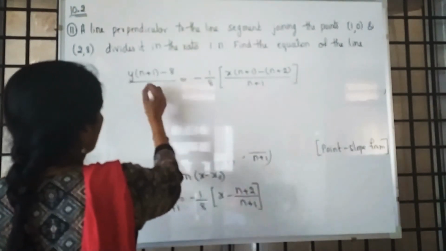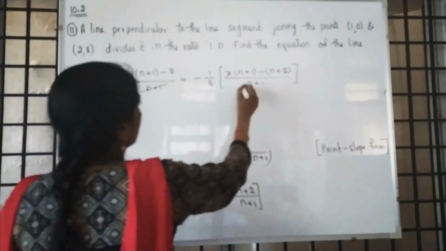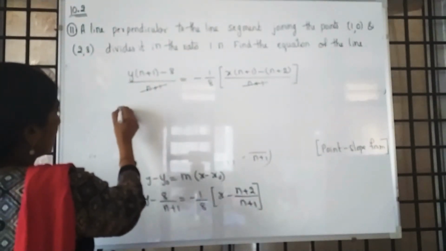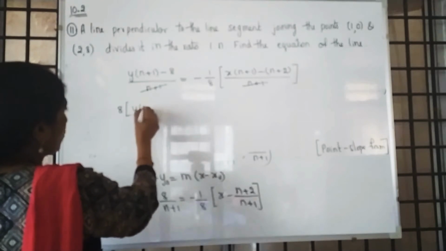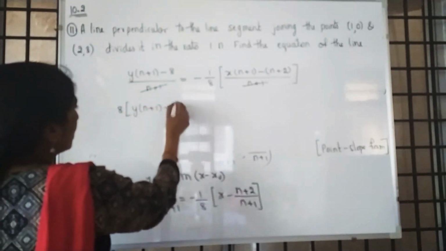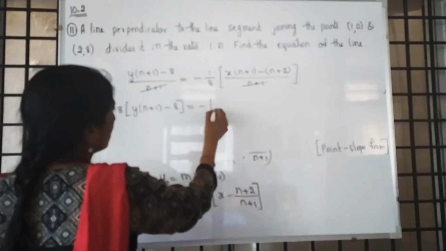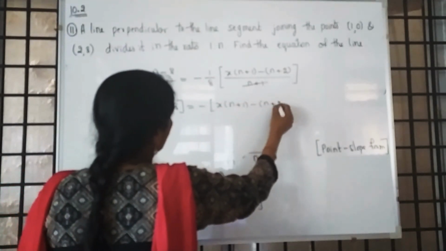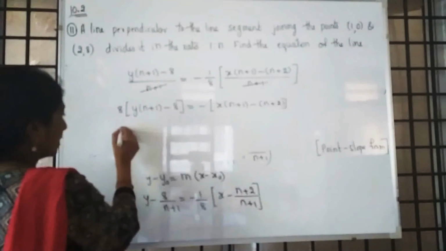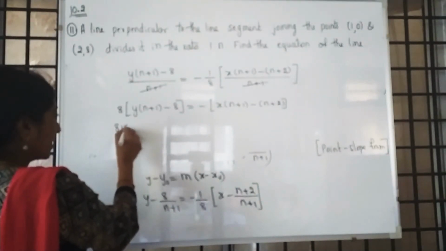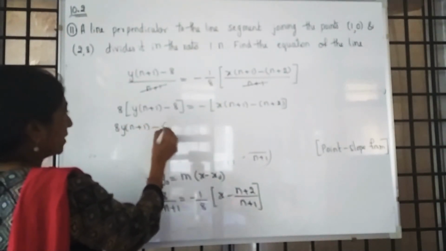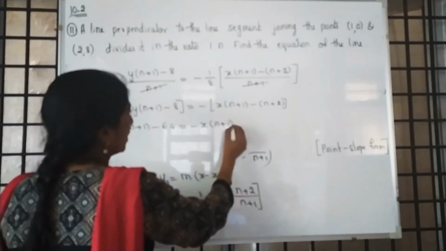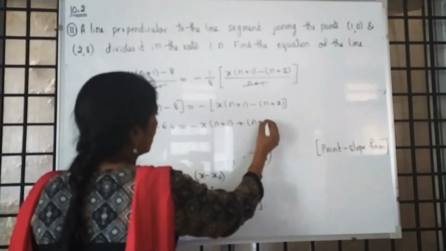Here on both the sides the denominator (n plus 1) gets cancelled. Do the cross multiplication. 8 in the bracket y into (n plus 1) minus 8 is equal to minus x into (n plus 1) minus (n plus 2). It is 8y into (n plus 1) minus 64 is equal to minus x into (n plus 1) plus (n plus 2).